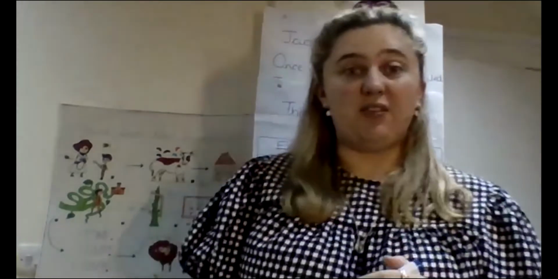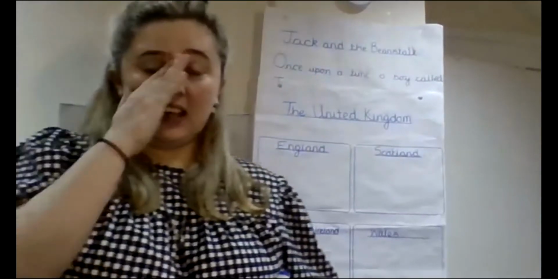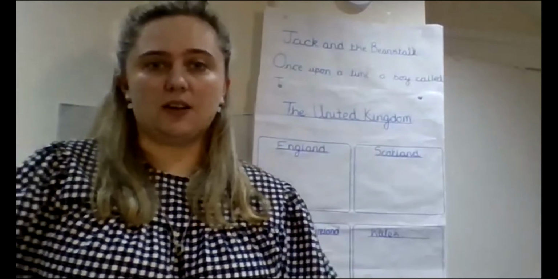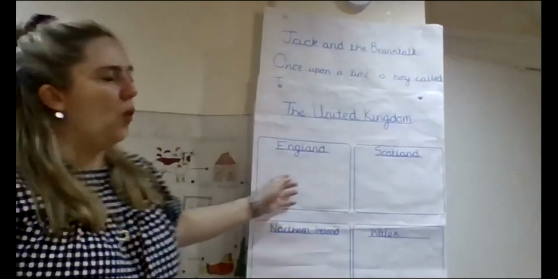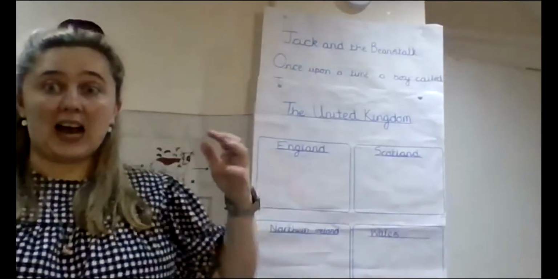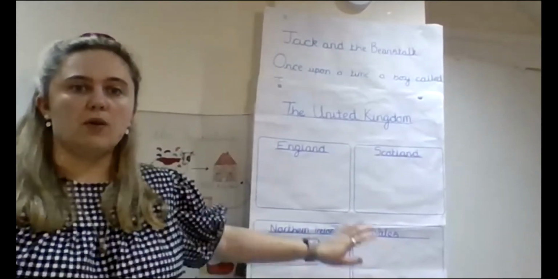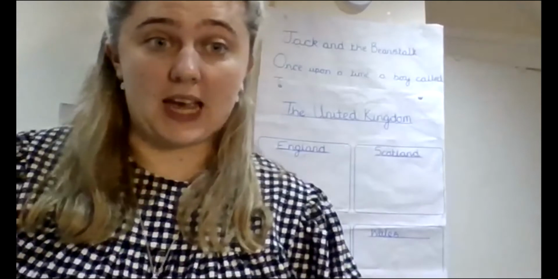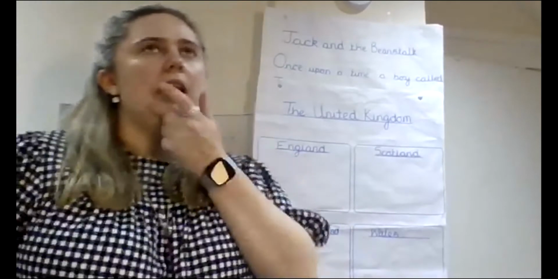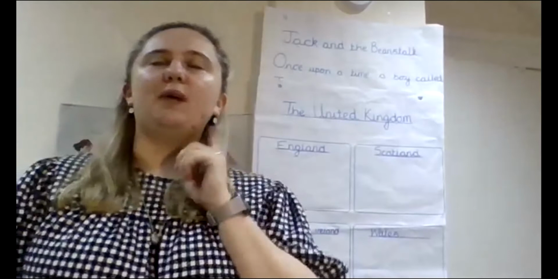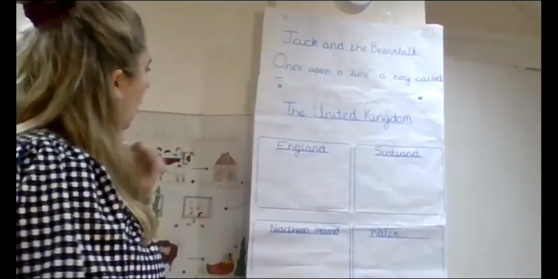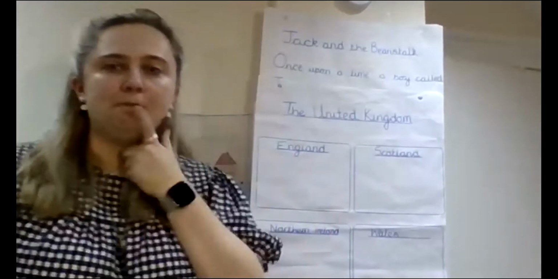Now, a fact file, it's kind of in the name what a fact file is. A fact file is a piece of paper that has a lot of facts on. So we're not writing a story, we're writing facts, okay? So let me think of what my fact is going to be for England.